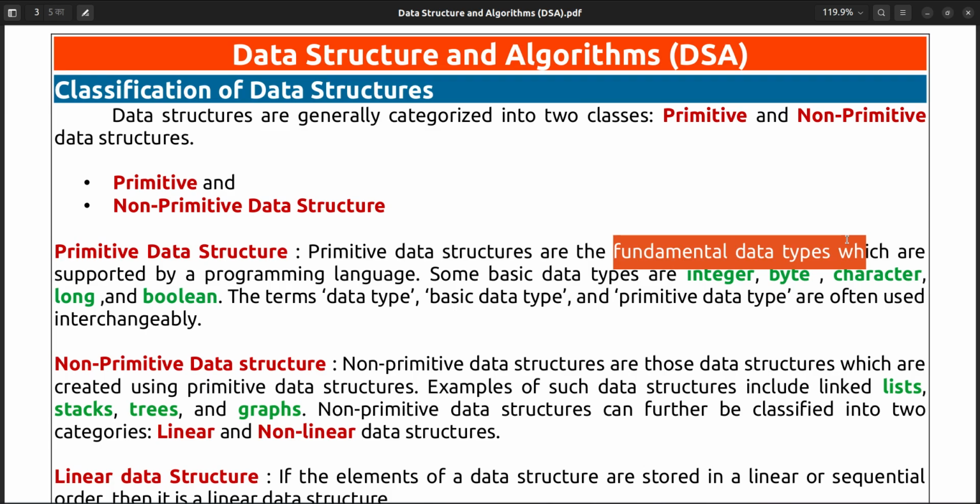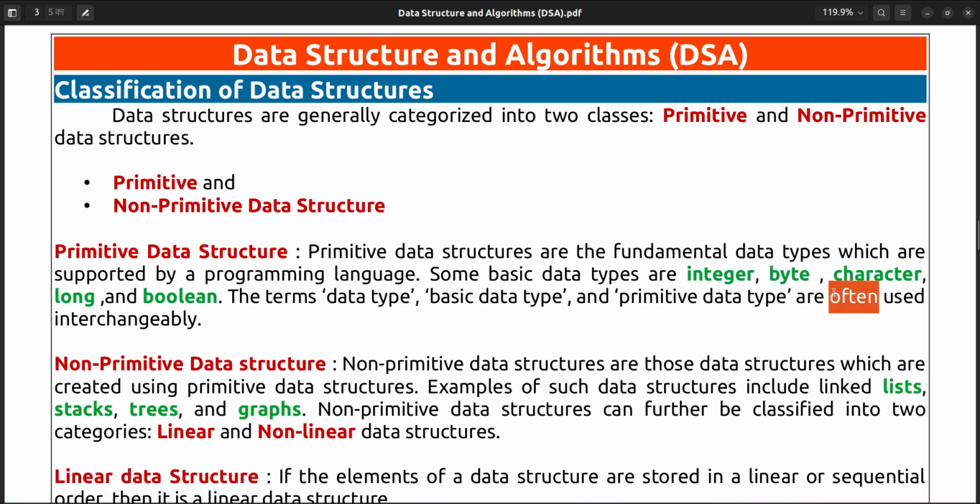The structure of primitive data types is called primitive data structure. Some basic data types are integer, byte, character, long, boolean, float, double, like that.